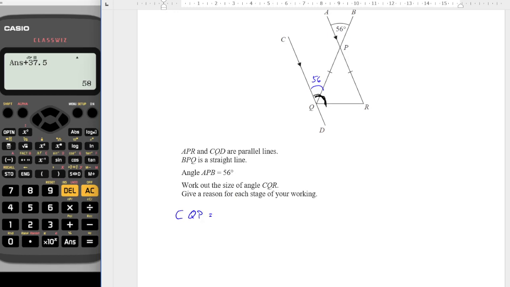CQP is equal to 56. And then I'll give my reason, and the reason is that it is a corresponding angle. I am also going to say that this angle here is going to be equal to 56. So I'm going to state my reason as well. So Q to P to R is also equal to 56. And the reason is that it is vertically opposite.